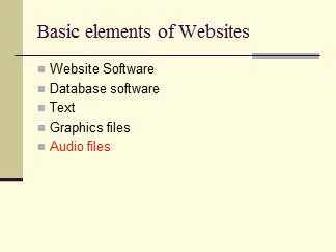Audio files are digitized sound files that play when a user opens a particular page or clicks on a link in the web page. And video files. Video files are digital videos that play when a user opens up a particular page or clicks on a link in a web page.